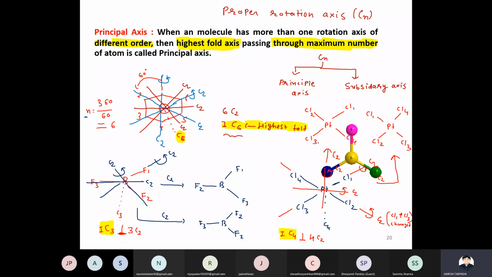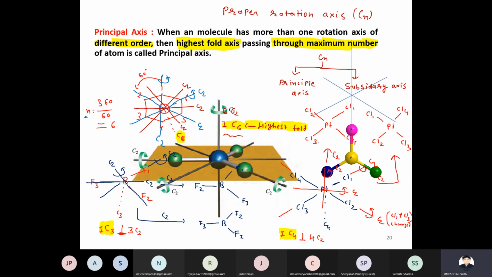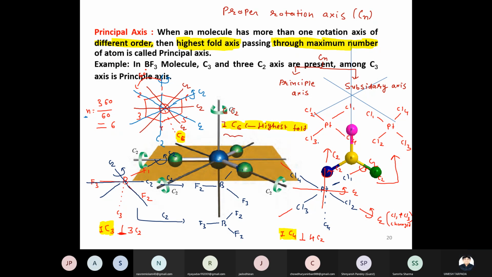This is BF3. So this is one C2. Look at here, both the fluorines can change their position. Similarly, the other two C2 are there. So these are the 3 C2 and 1 C3, which is passing through boron.